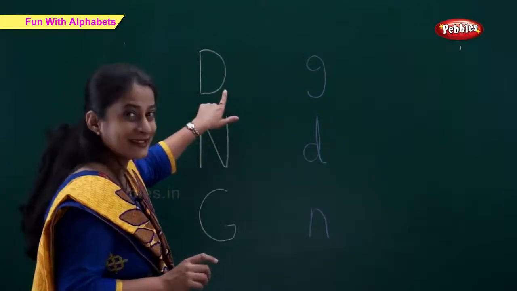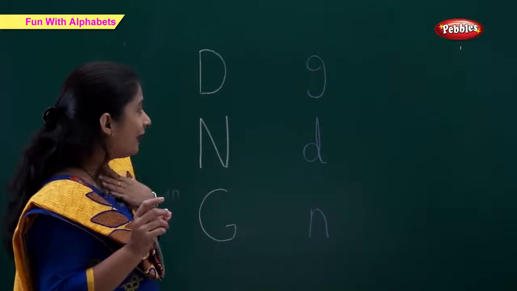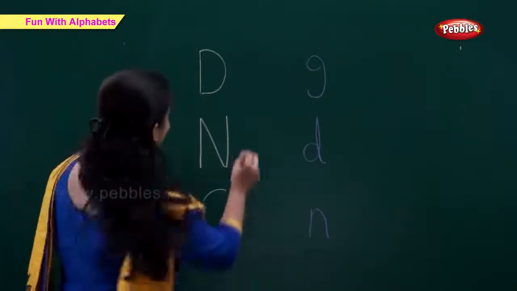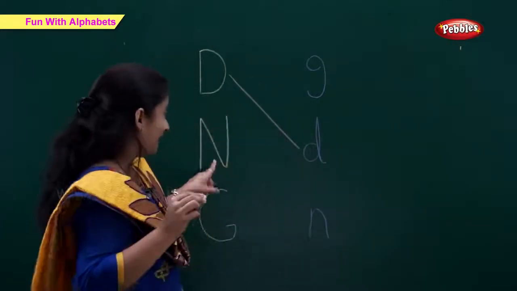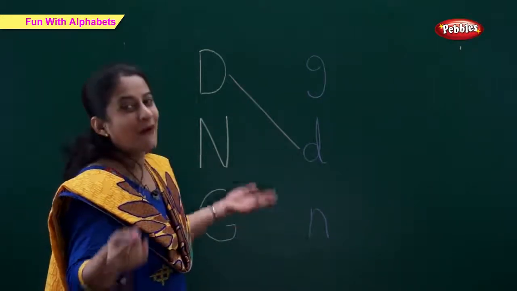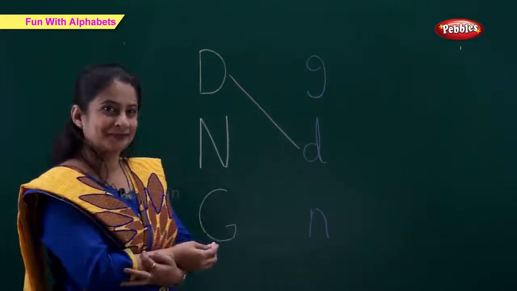Okay, this is capital D. And now where is small d? Right. And this is big N or capital N. So now find small n for me.